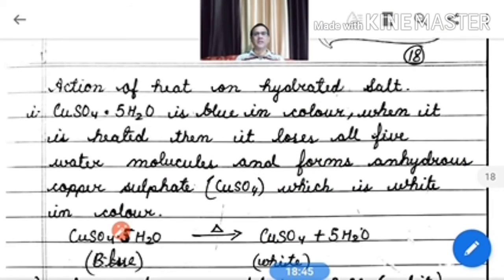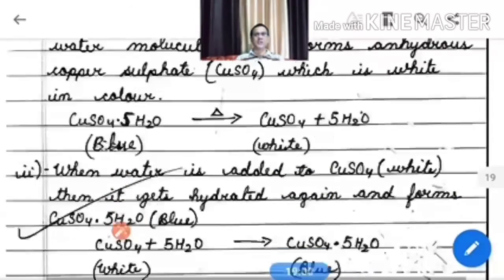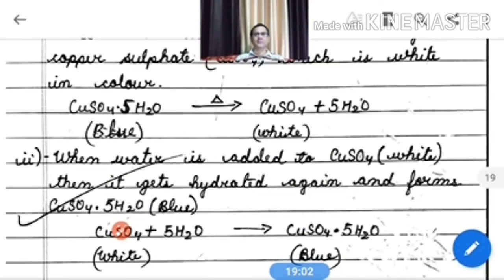Now we come to another heading, action of heat on hydrated salt. Action of heat on the hydrated salt. With the help of this equation you can understand better.